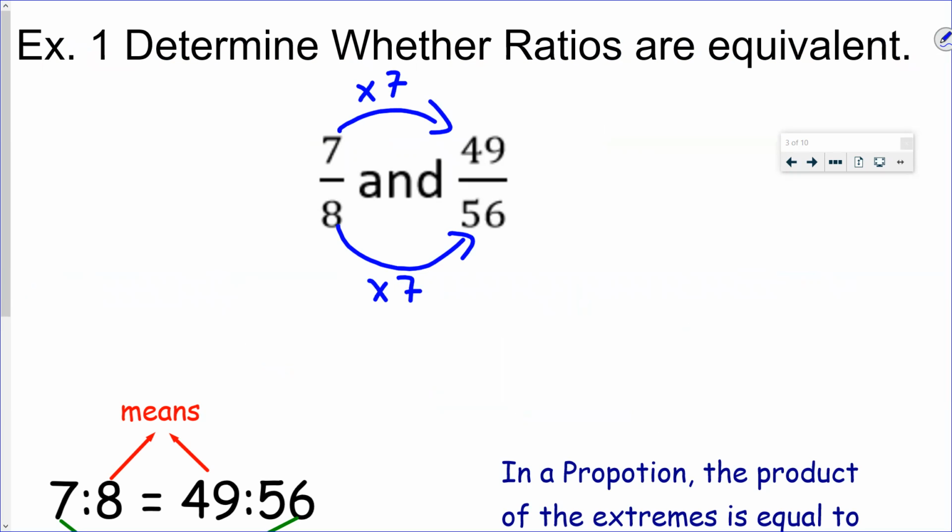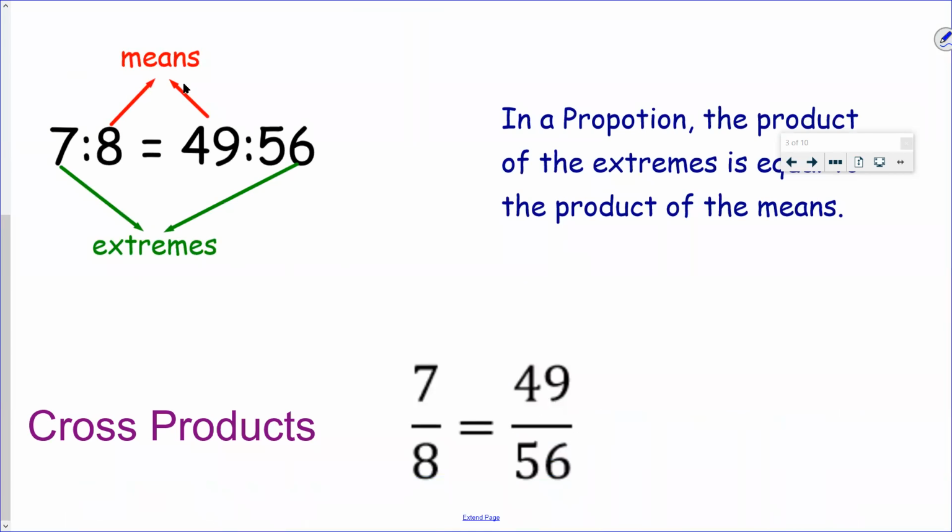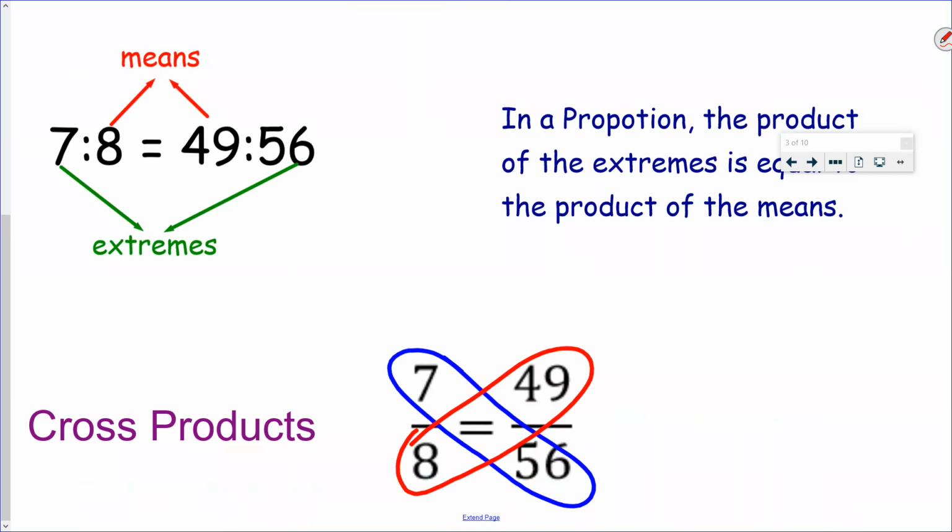There's another method to do this. That other method is what's called cross products. Don't worry about all this other stuff right here. Cross products mean you can multiply diagonally. And when you multiply diagonally, you can determine if they are equal to each other. So if we do 7 times 56, 7 times 56 is going to give us a 2, carry the 4, 392.